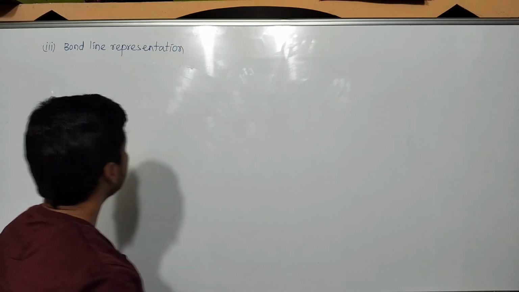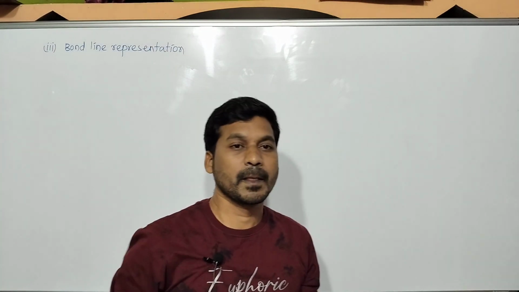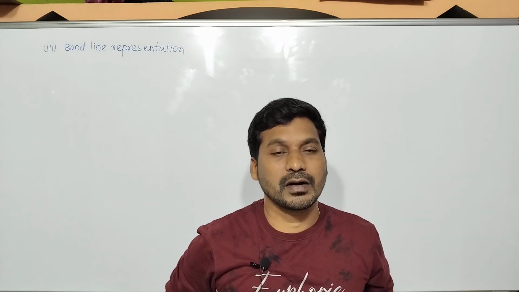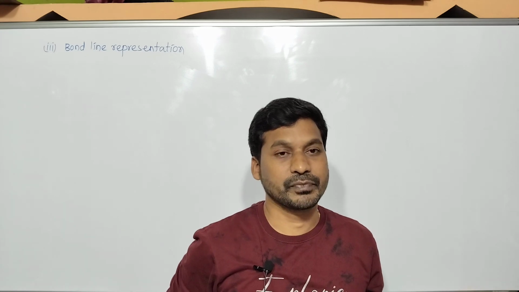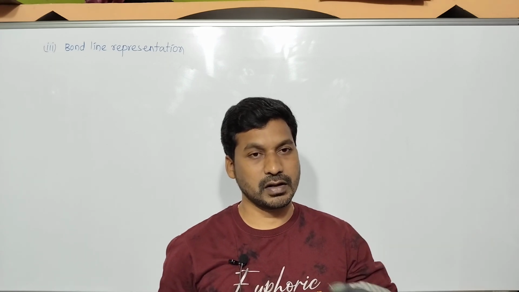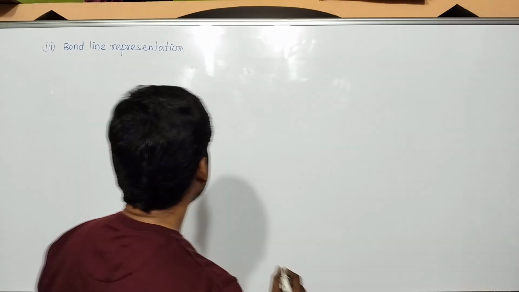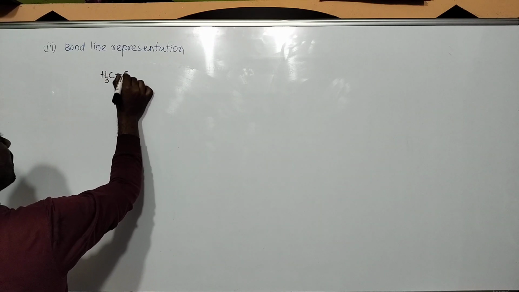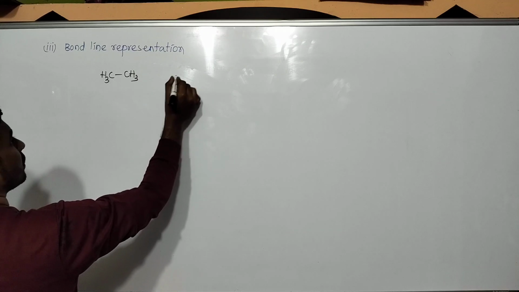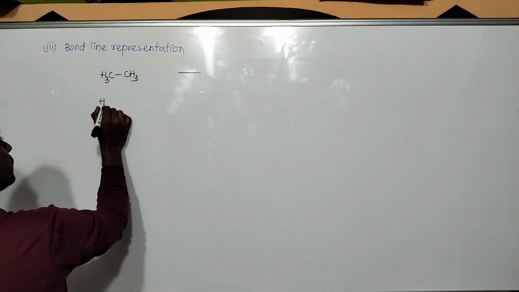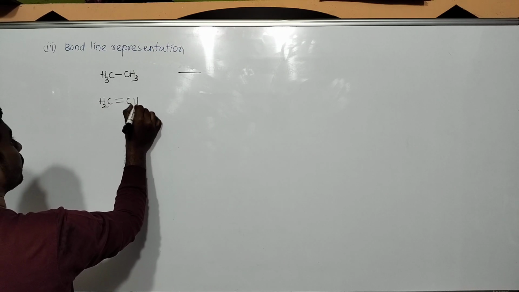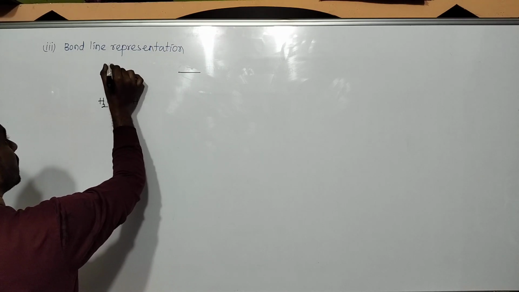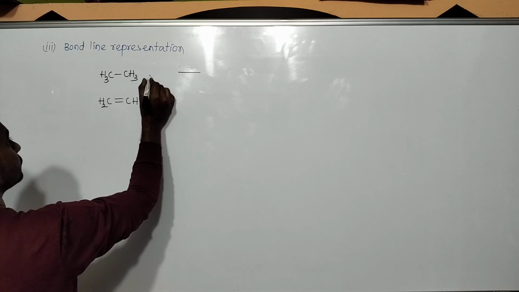In bond line formula we do not write carbon and hydrogen atoms. Only bonds between carbons are denoted with lines, and different bonds are represented in a zigzag. For example, CH3 single bond CH3 like this, CH2 double bond CH2. This is bond line formula, and this is complete structural formula.